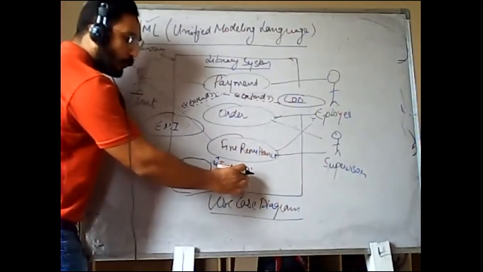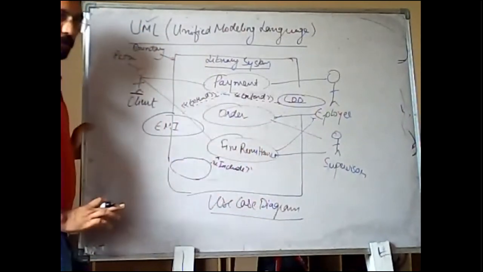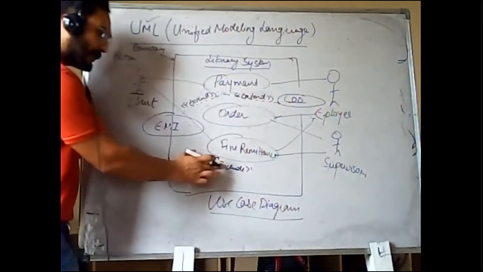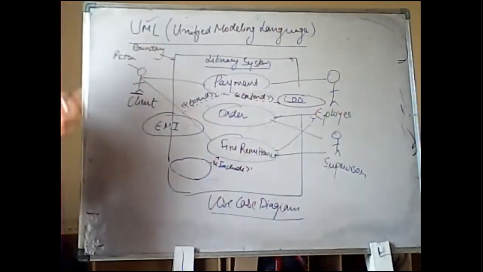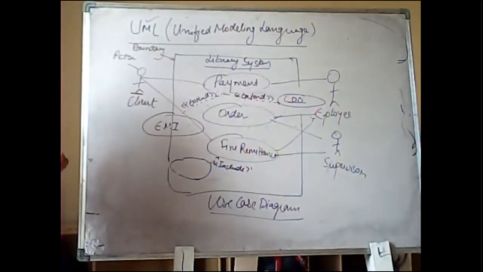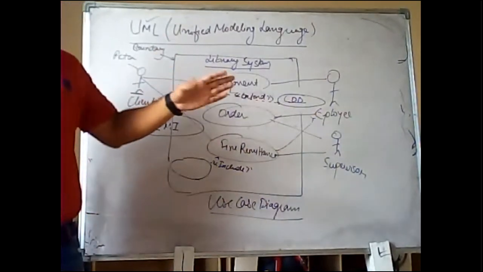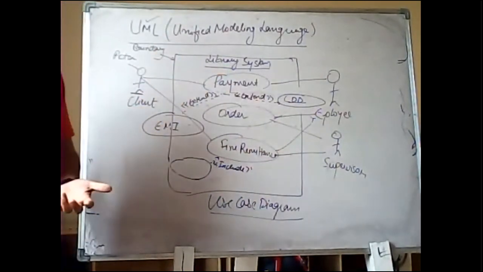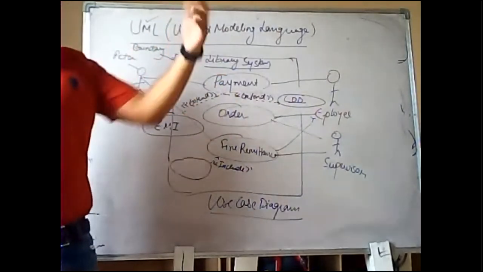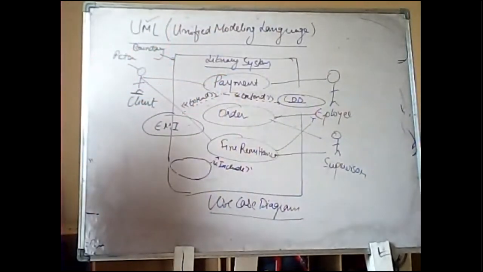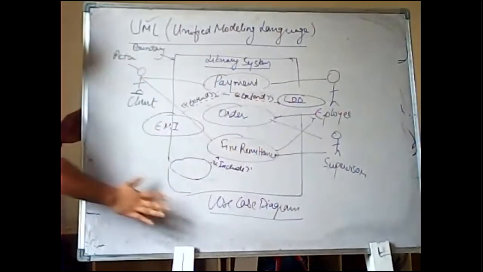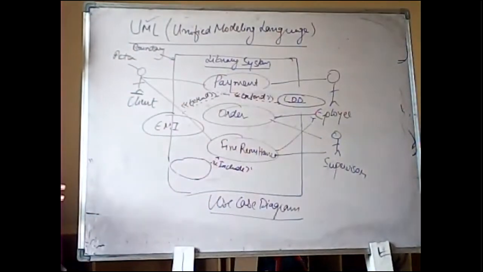That is where include is used. Okay, and include and extend are only used in your use case diagram. But the association lines and generalization, the parent-child relationship, will be used in your class diagram. Okay, and this is simply your use case diagram.